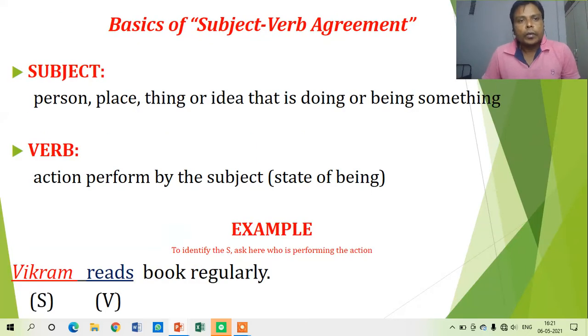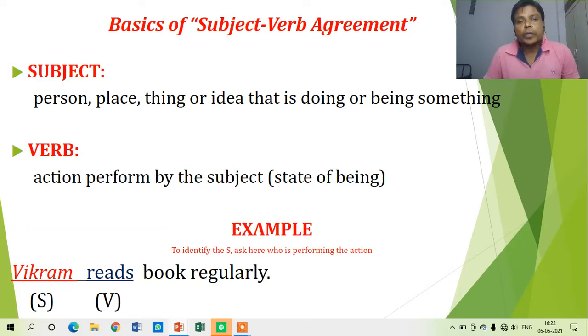So we will discuss the basics of subject verb agreement. When we say subject, which in Marathi we call कर्ता, what is the subject of any sentence? The subject is nothing but the person or place or thing or idea that is doing or being something. And what is the verb?